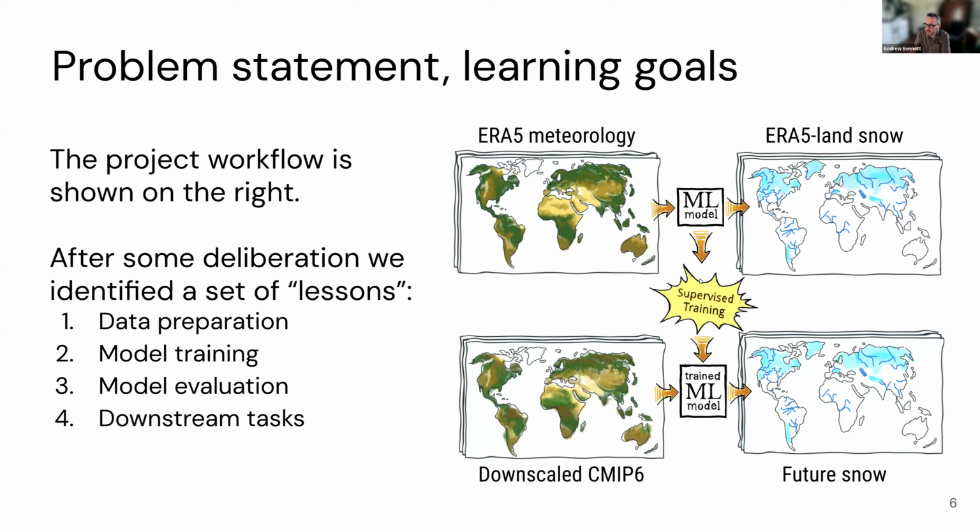And then once you have the trained model that comes out, you can apply it to downscaled CMIP6 climate scenarios to better predict future snow. So that was the idea.